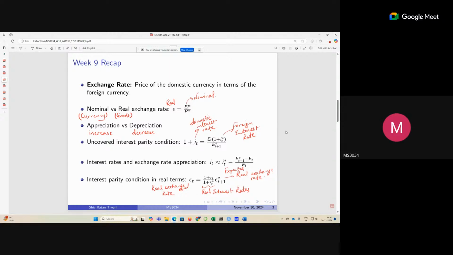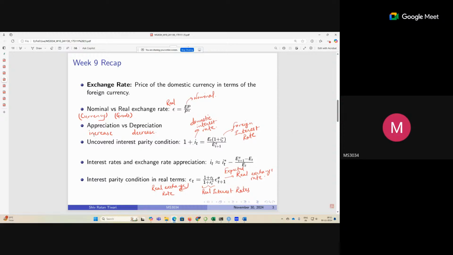Now further, using the no arbitrage condition, we go to the uncovered interest parity condition, which is a relation between domestic interest rates and foreign interest rates. It is defined as 1 plus the domestic interest rate is equal to 1 plus the foreign interest rate times today's exchange rate divided by the expected exchange rate in the next period.